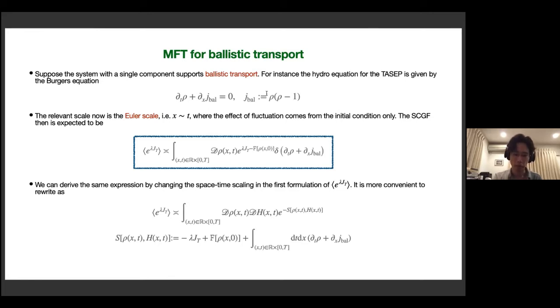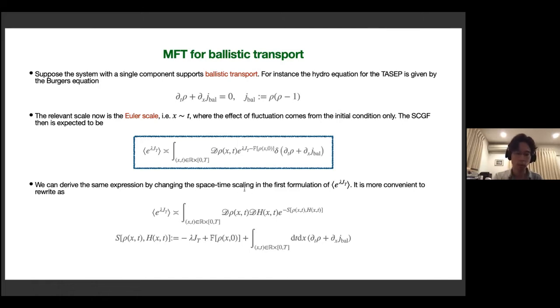So again, I'm considering the single component case, and this looks less harmful than the previous one because there's no noise. Anyways, I take this as a defining MFT prediction for the scaled cumulant generating function.